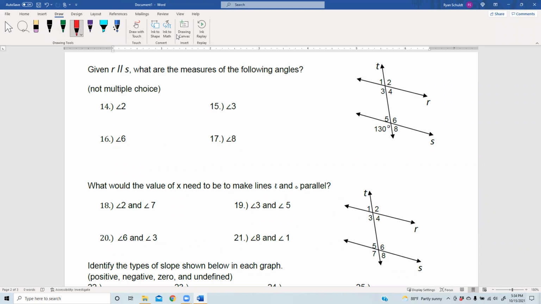So they tell me R and S are parallel. That means all obtuse angles, I'm going to make a note of that down here.